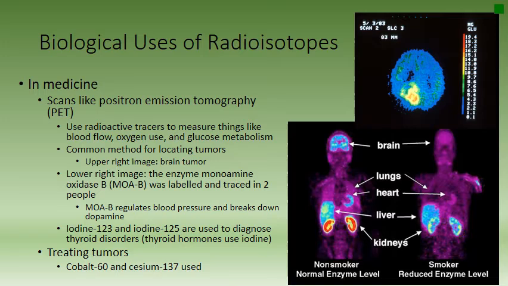Other very important uses of radioisotopes are in medicine. Radioactive tracer isotopes can be used to measure a variety of metabolic processes. And then scans like positron emission tomography can be used to follow the decay and to follow how the isotope is concentrated in the body.